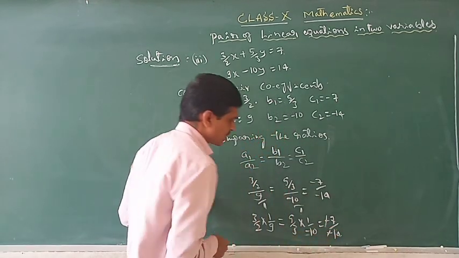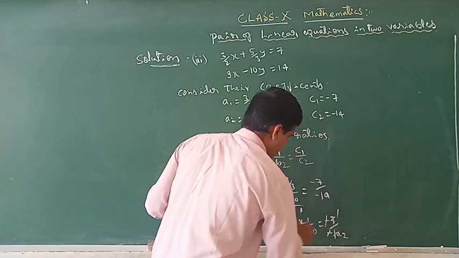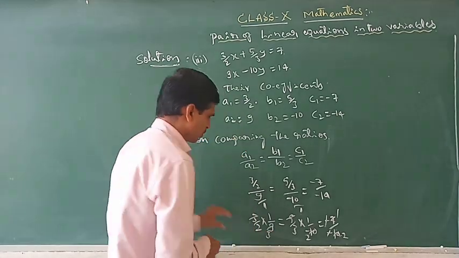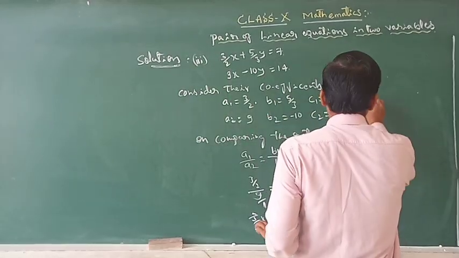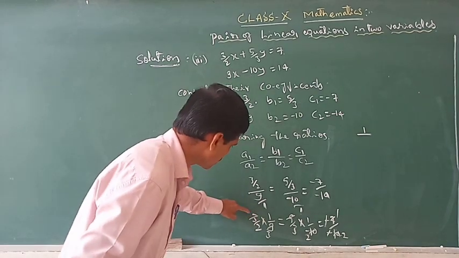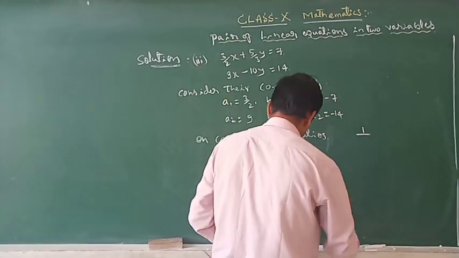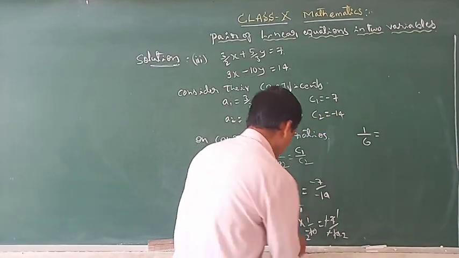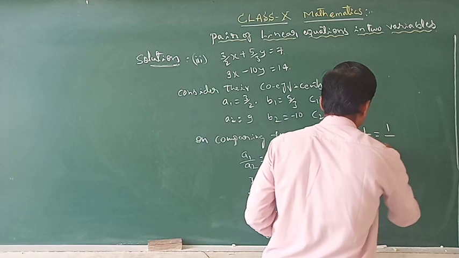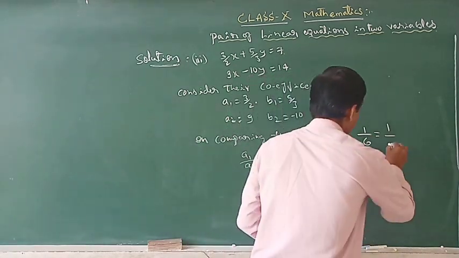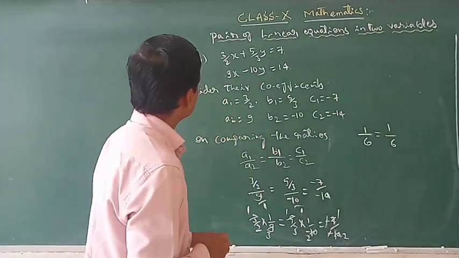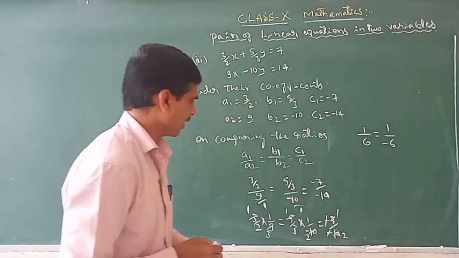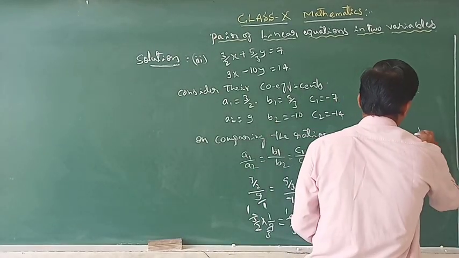Here 3 cancels with 3 in the 9, 5 cancels with the 5 in the minus 10, and 7 cancels with 14. So we get 1 by 6 in the first ratio, and in the second ratio also 1 by 6, with a negative sign. And here 1 by 2, it is equal to 1 by 2.